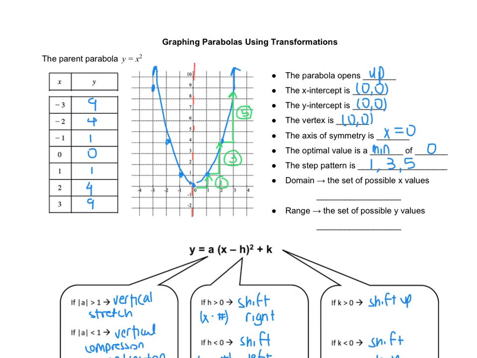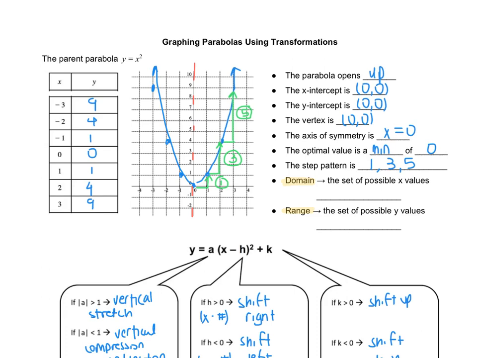Now here are two more properties that are new to us, and they are things you will see in grade 11, so it's just a little sneak peek to it, and that is domain and range. Domain is the set of all the possible x values that this parabola can have. So you're pretty much asking yourself, what x values can you plug into that equation of y equals x squared? And it can be absolutely anything.